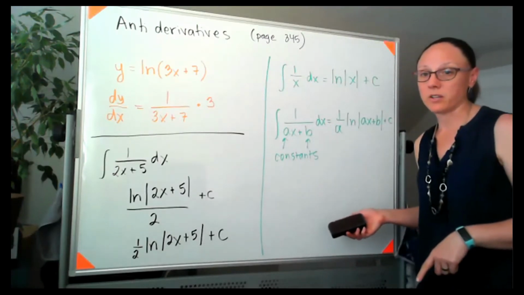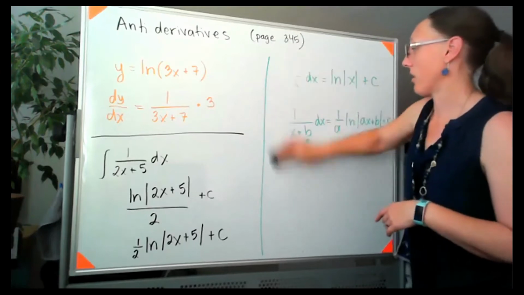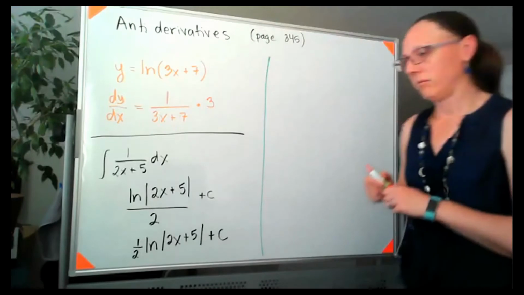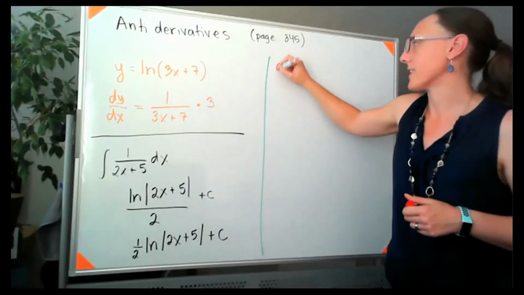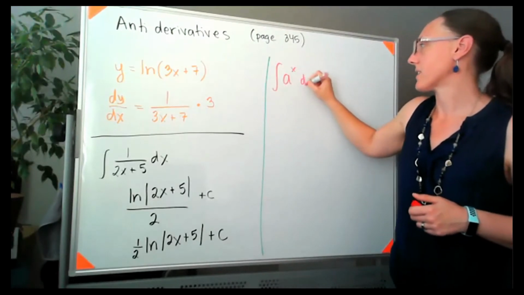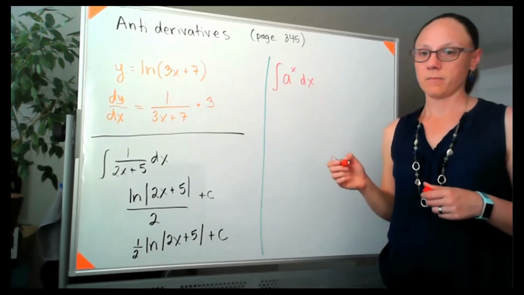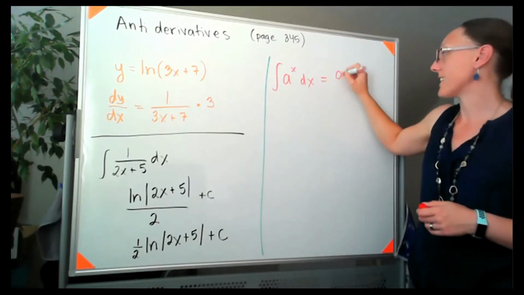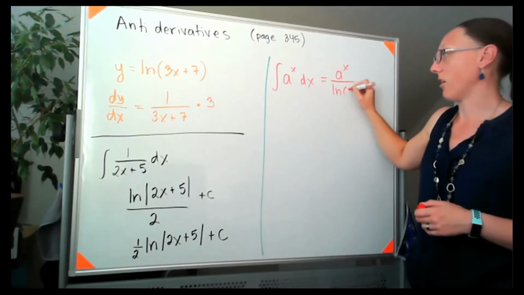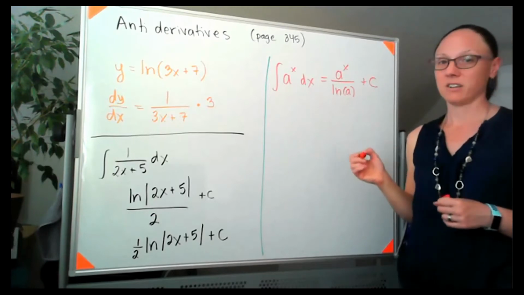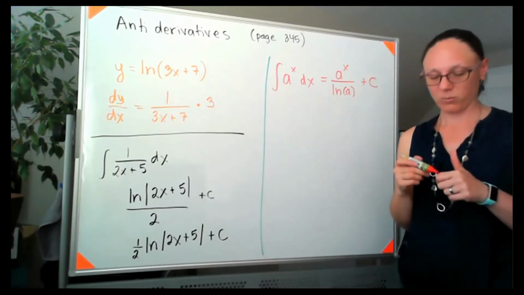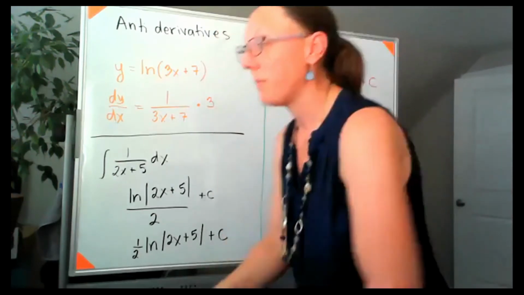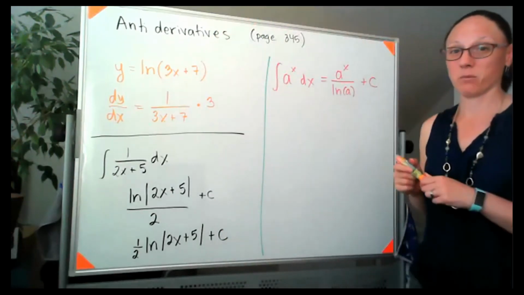I'm going to move on to the next one in the chart. So the next one in the chart here is the integral of a to the x dx, and our antiderivative here is a to the x divided by natural log of a plus a constant. This isn't quite that same rule where we're dividing by the number, but this is coming from remembering some facts about our derivative rules.